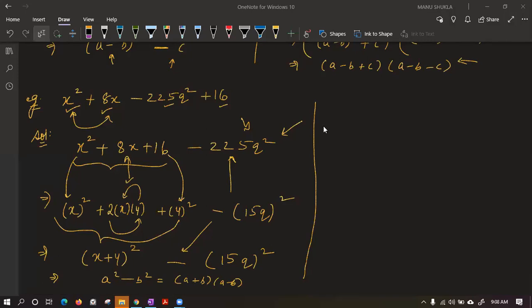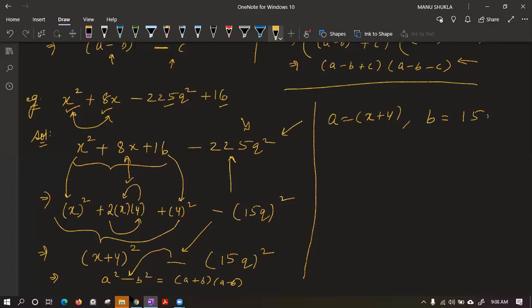Class, tell me what is the value of a if you compare negative with negative. The value of a is complete x plus 4, and the value of b is how much? Class, value of b, yes Ananya, good. The value of b is 15q.